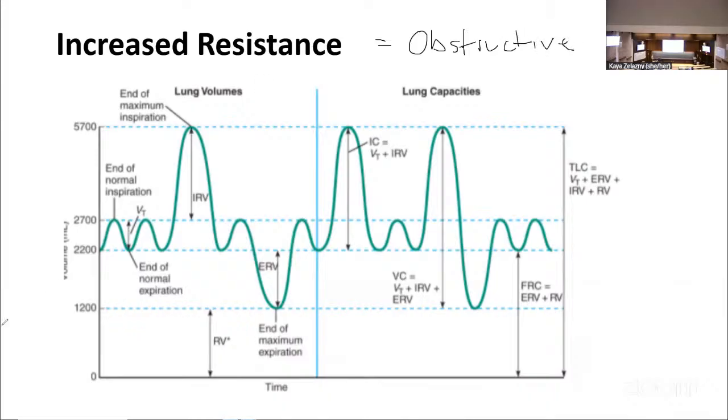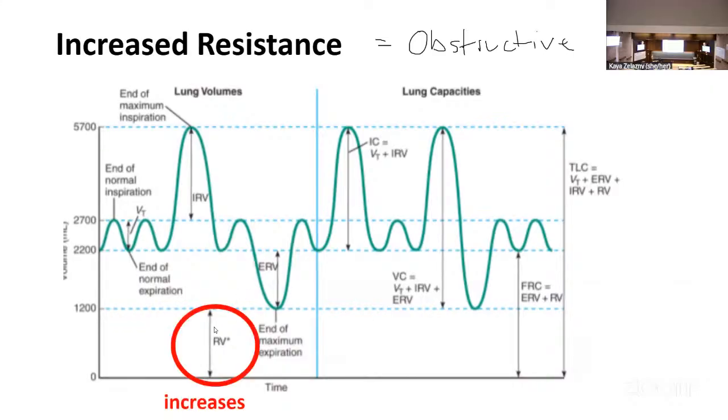Okay, so when we see these obstructive diseases, we're thinking about increasing reserve volume because you're not breathing out as much through that narrowed tube, even when you're putting some effort into it, which means that our functional residual capacity is also increasing, right? Because the reserve volume is part of that.